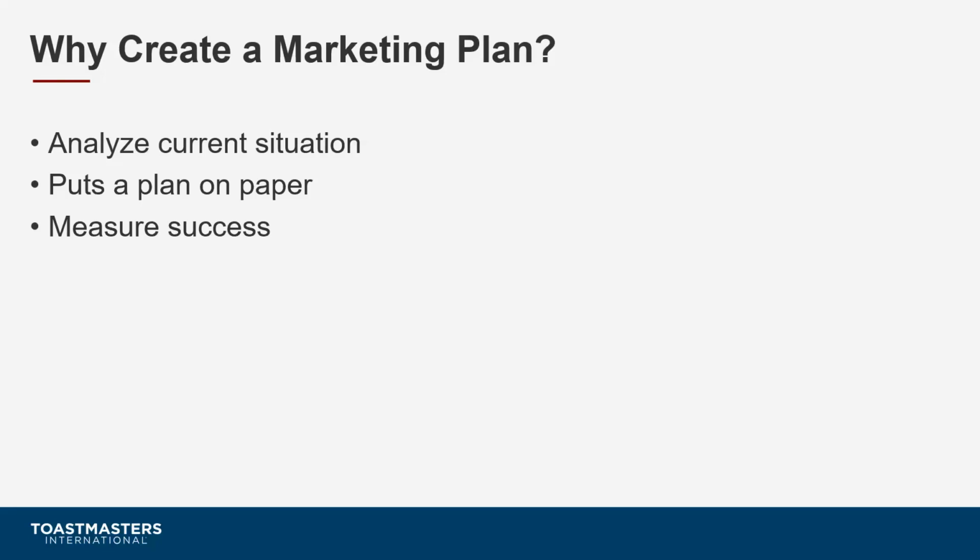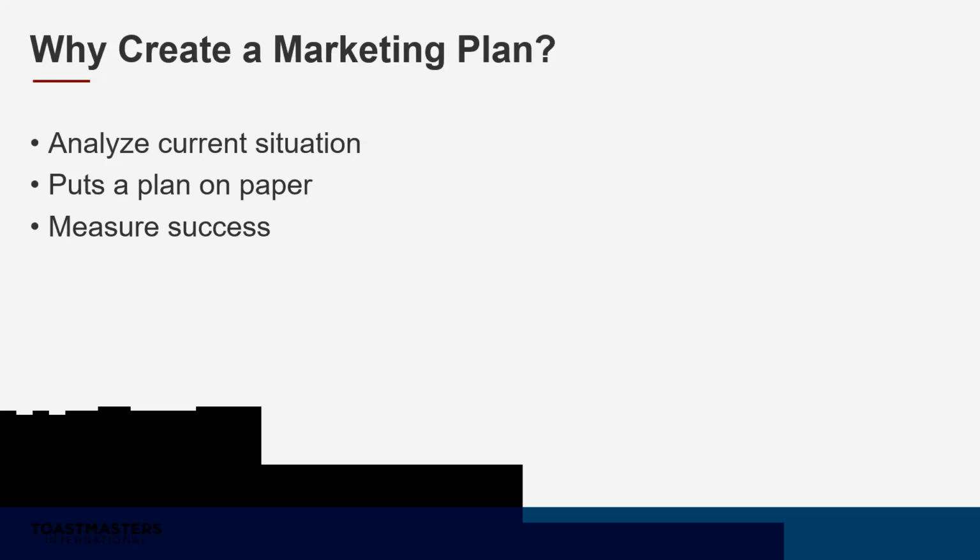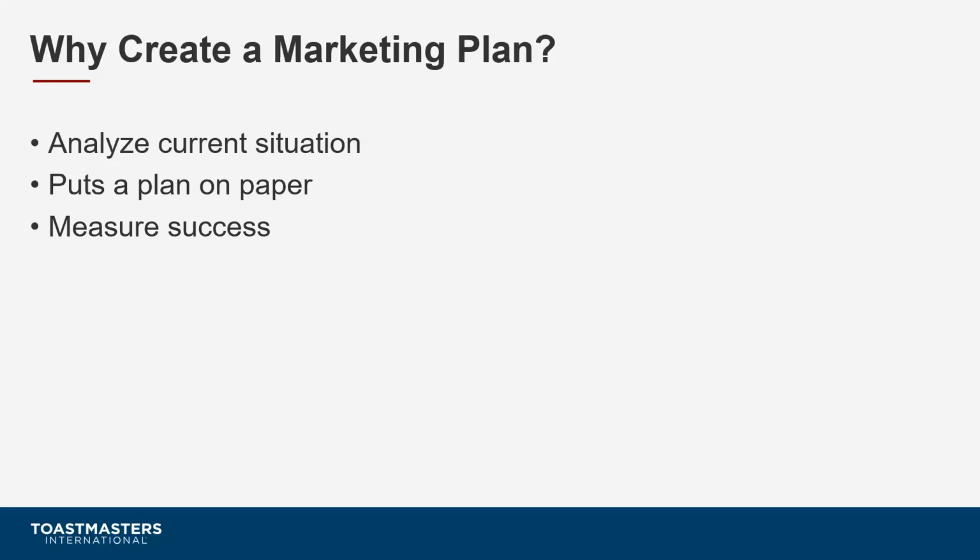And the third is that it allows us to measure success. What I really like about a marketing plan is that it never truly ends. It's very cyclical in that we begin with that analyzation, then we put it on paper what we want to do, then we execute it and we begin to measure success.